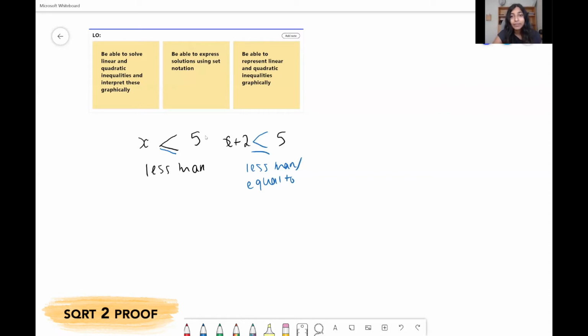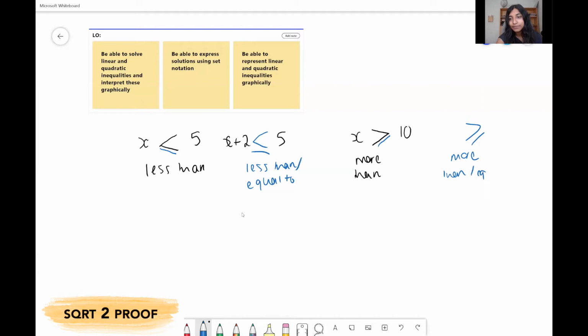And then the opposite way you could have is this sign, and that just means more than. So you could have something like x is more than 10. And similarly, if you put a line below, it just means more than or equal to.